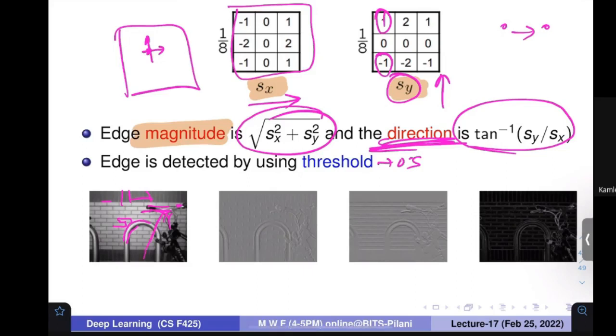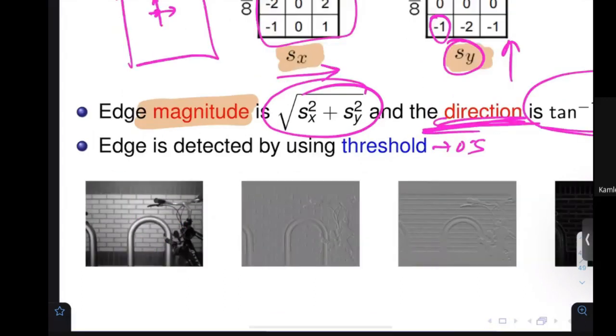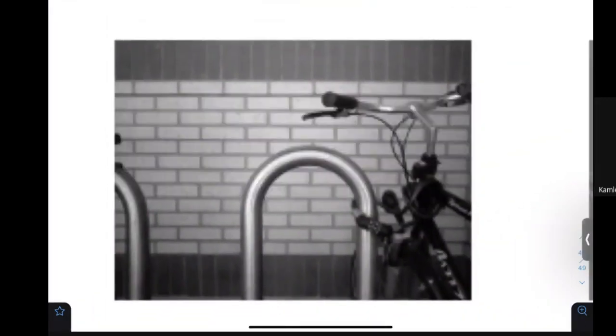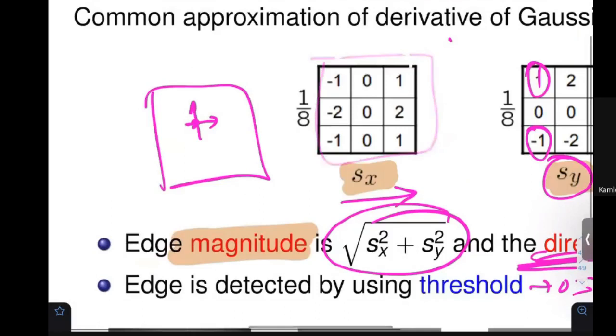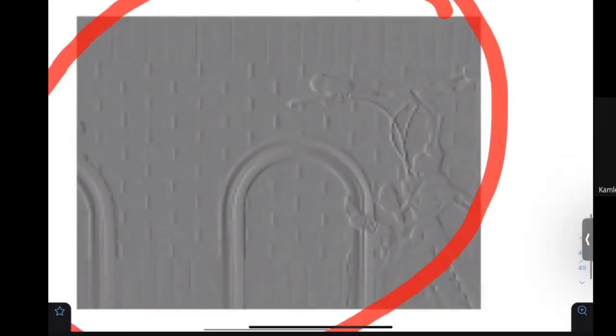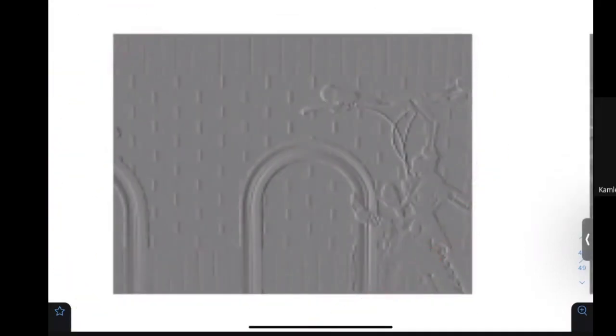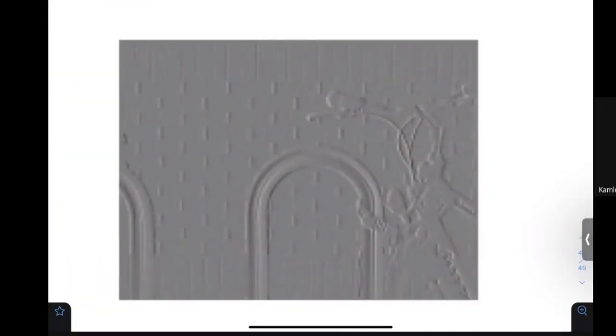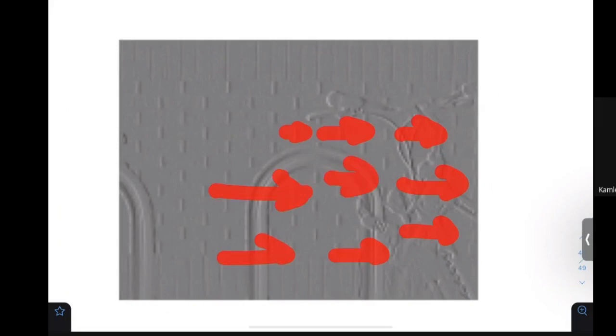once again, what I am telling is that on this image, you are applying a filter. Which filter? This particular filter. Applying this filter you get this particular value. What is this value? It is sx in the x direction, the strength.